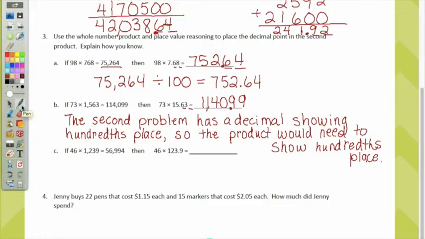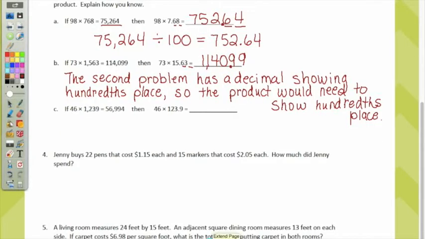All right, let's take a look at C. So it says if 46 times 1,239 equals 56,994, then 46 times 123 and 9/10 equals blank. How's this one different? It's tenths place, okay? So how about we write a problem?